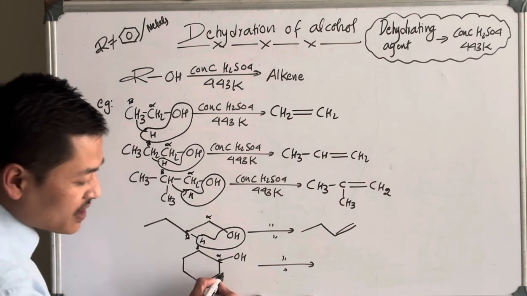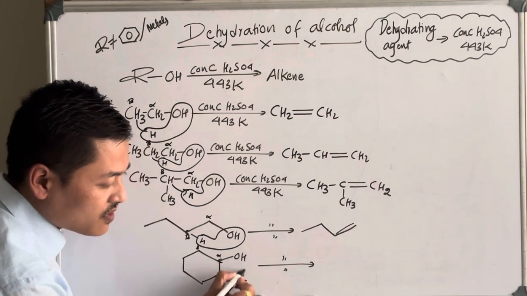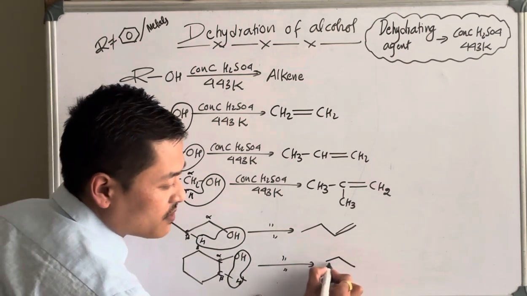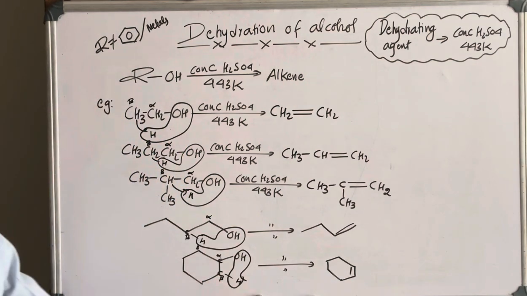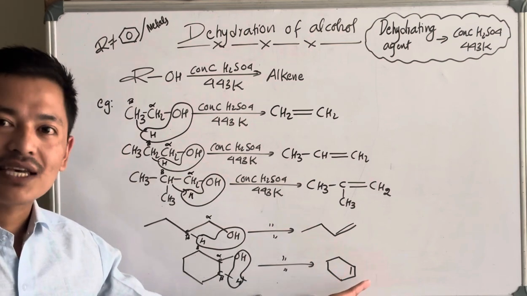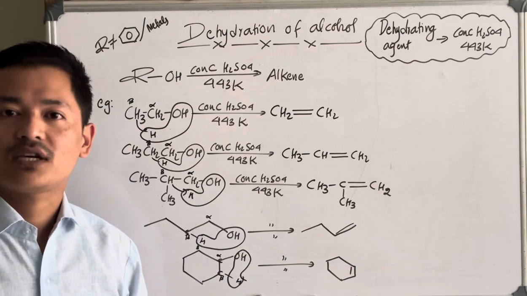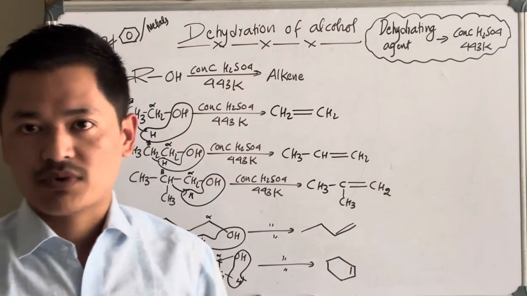If you remove one hydrogen from here and OH from this carbon, it leads to the formation of the product. Between alpha and beta position there will be a double bond. Cyclohexanol is giving you cyclohexene.